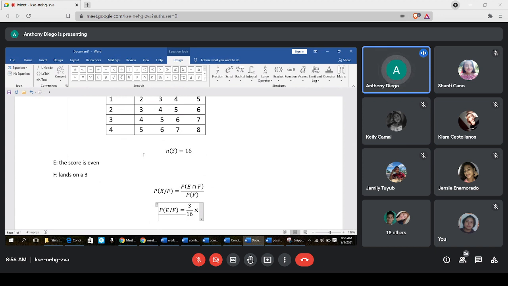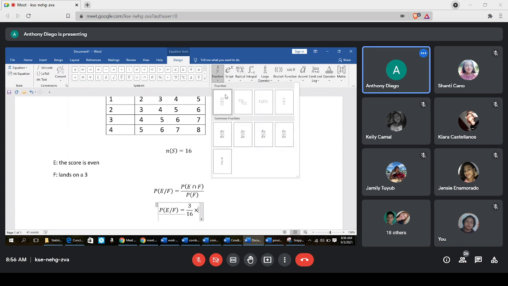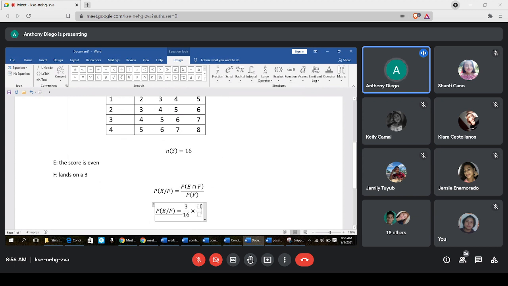So we're going to reciprocate that, which should have been 16. Now remember, we have converted the division sign to multiplication. So we reciprocate that fraction that is there.